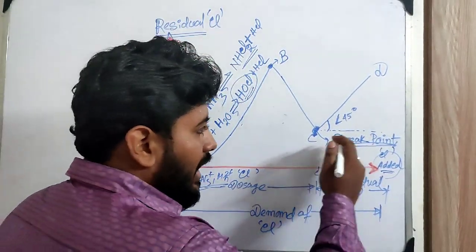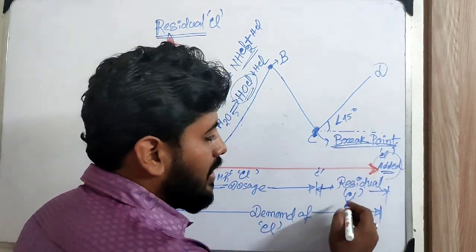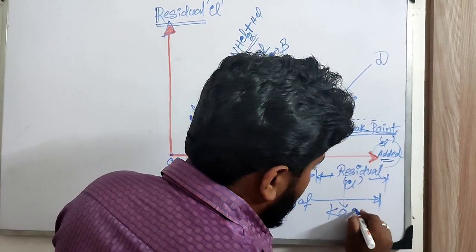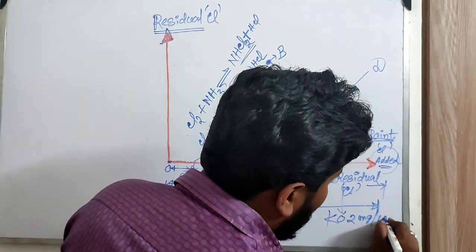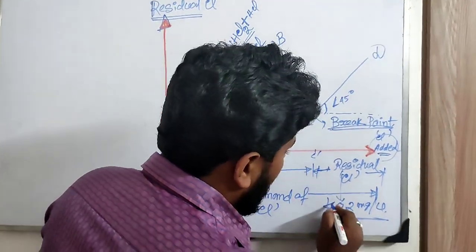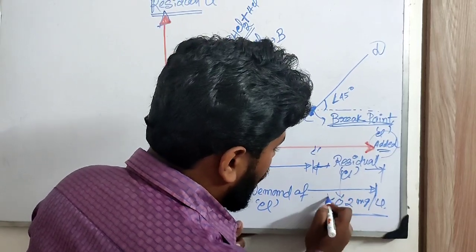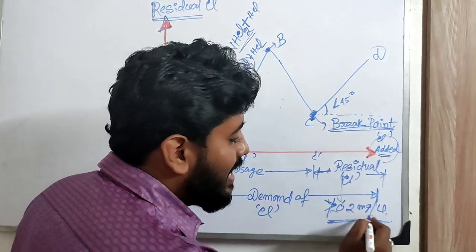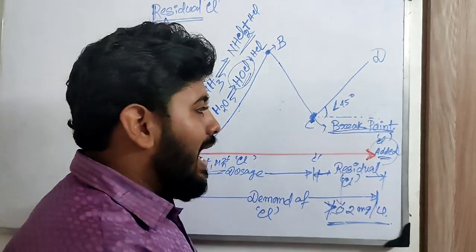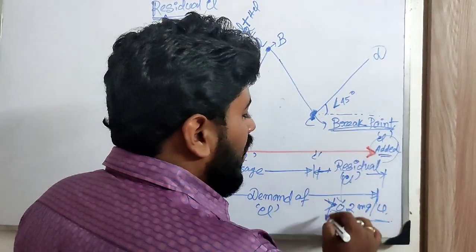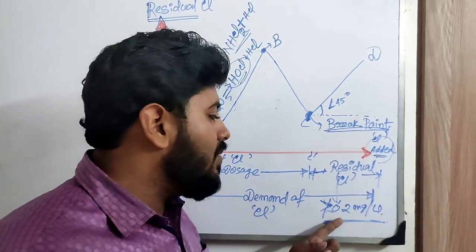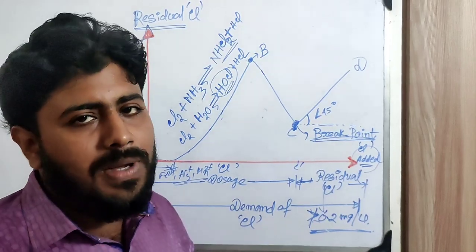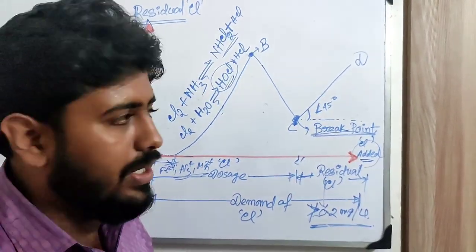And this point is to be noted, that residual chlorine should not be more than 0.2 milligram per liter. If the concentration of the residual chlorine is more than 0.2 milligram per liter, bad smell and bitter taste will be generated.